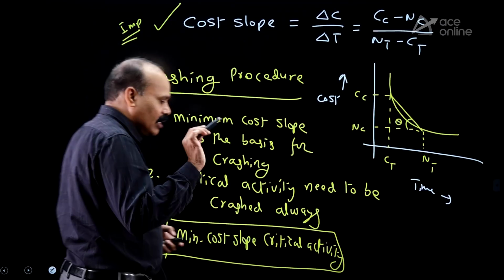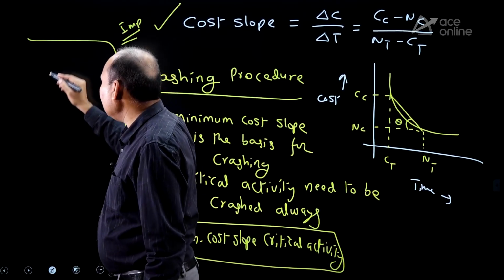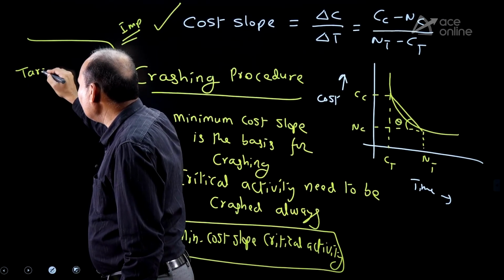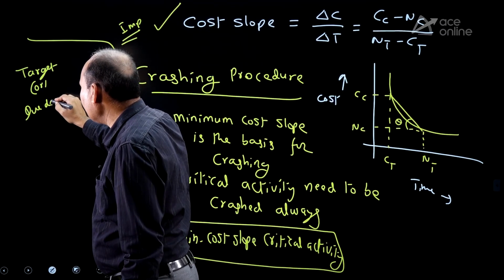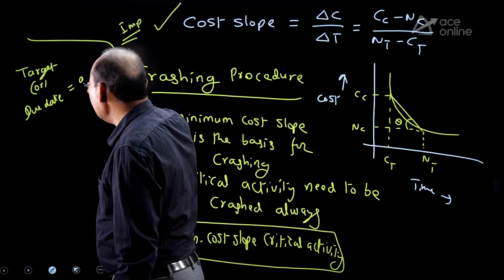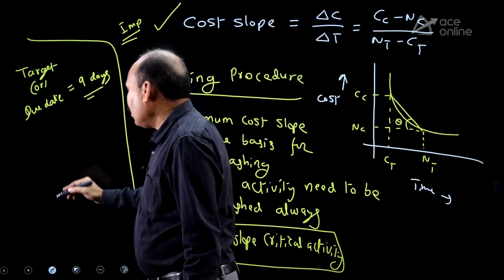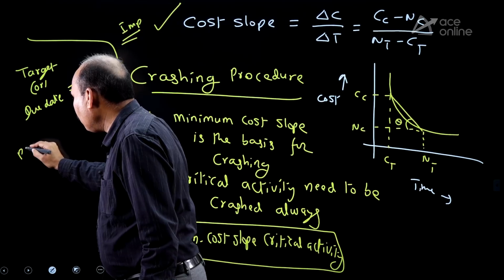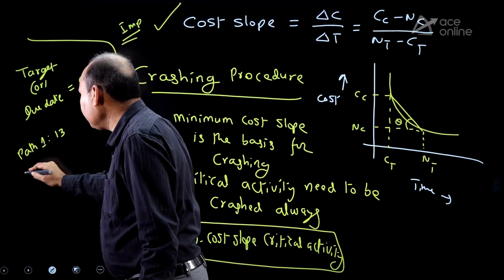Okay, I'll give one simple technique. In the examination, a target is given to us, target or due date. Say 9 days. Target is 9 days. We have a network with 3 paths. Path 1 is 13.